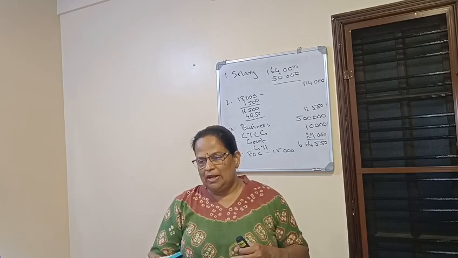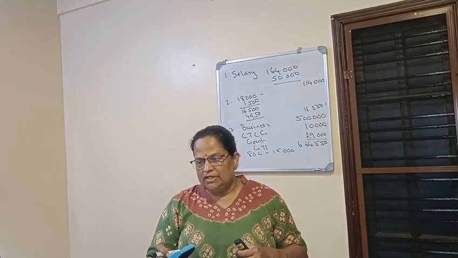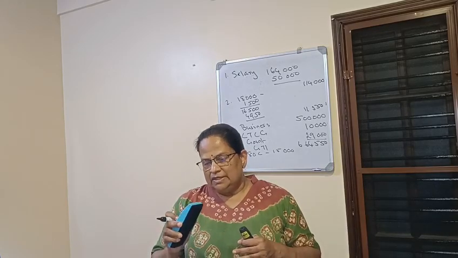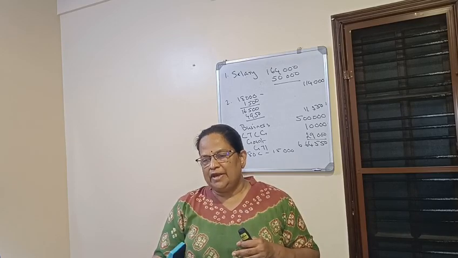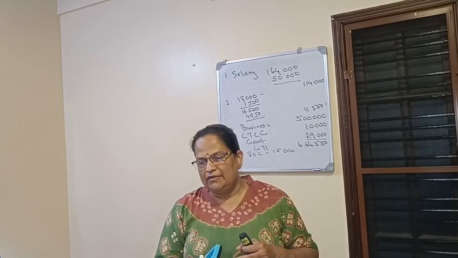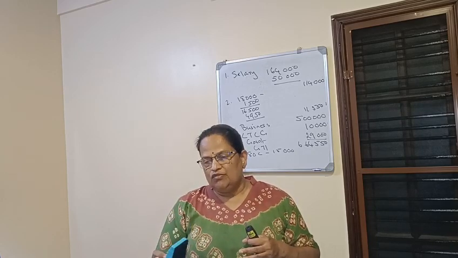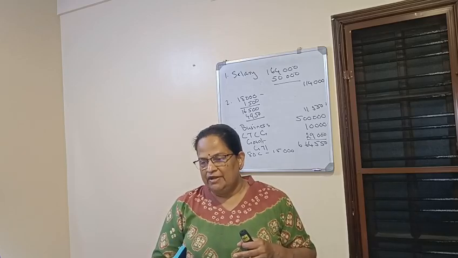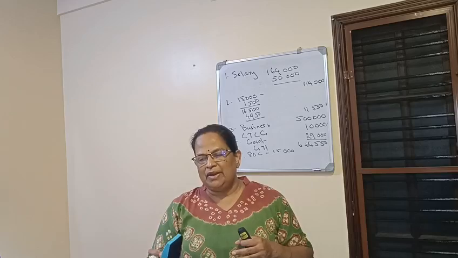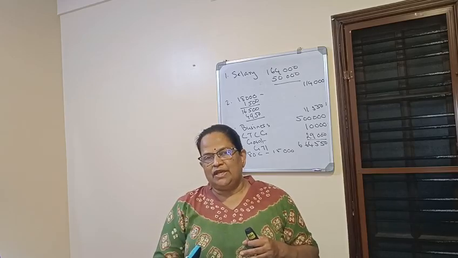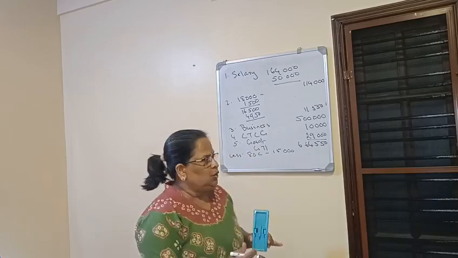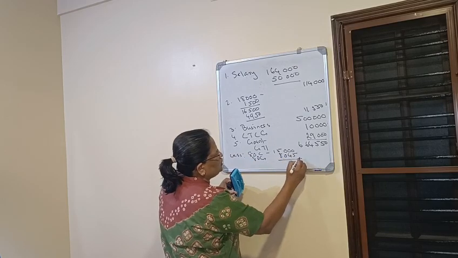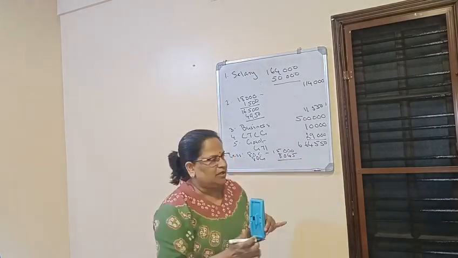Rent paid is 6,000 into 12, 72,000, minus 10% of 6,39,550, that is 63,955. That is 8,045. Now 25% of adjusted GTI: 6,39,550 into 25 by 100, that is 1,59,888. So for 80GG you take the least value, 8,045.